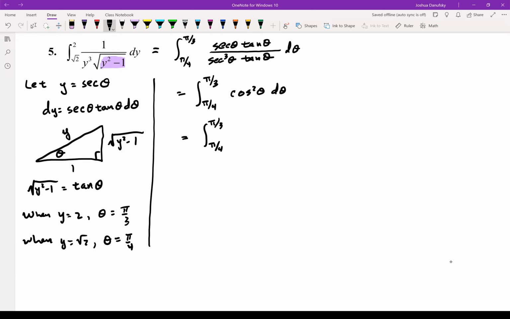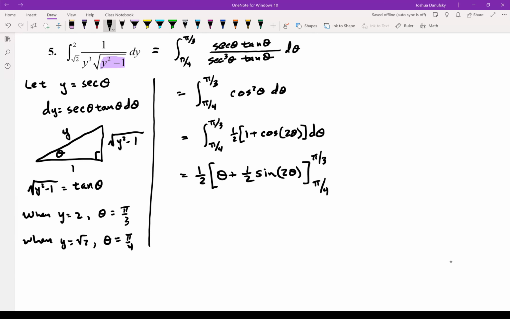We'll evaluate this using the power reduction formula. 1/2 times 1 plus cosine 2 theta is going to give us theta plus 1/2 sine 2 theta, evaluated from pi over 4 to pi over 3.